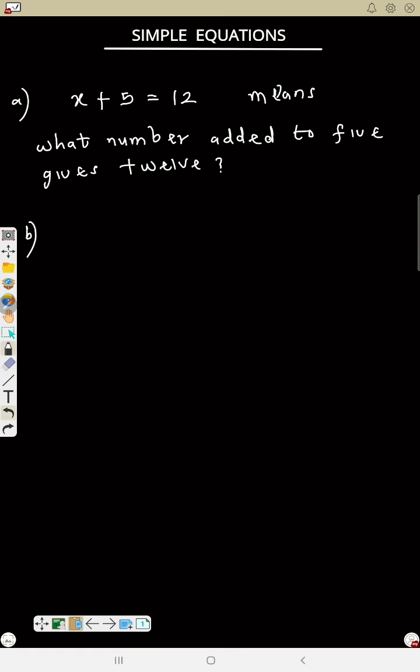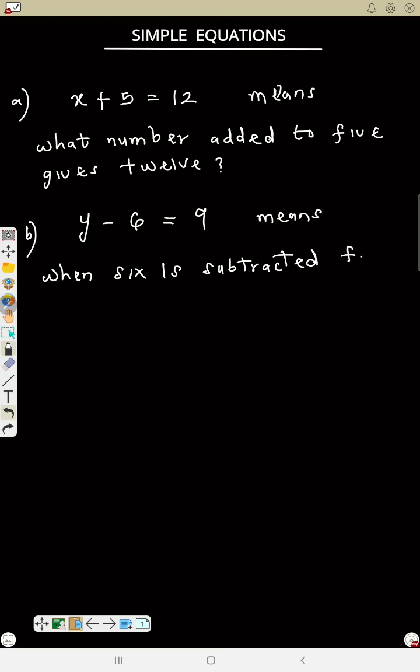Another one, y minus 6 is equals to 9, means when 6 is subtracted from a number, the result is 9.